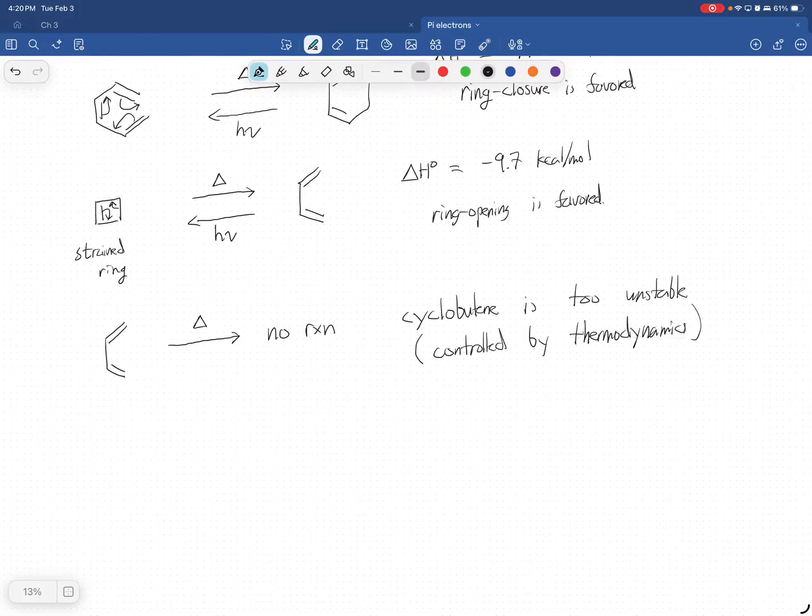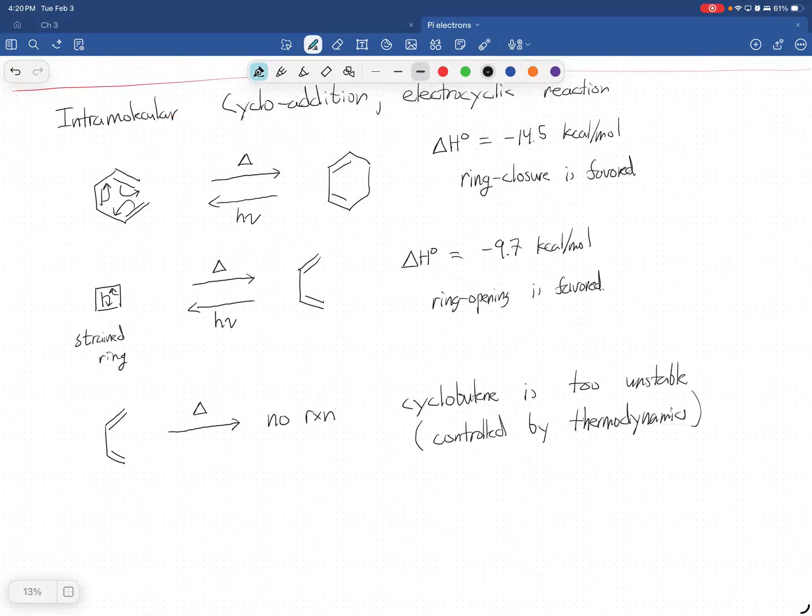So that's why this reaction is not favored to go. However, you see what I wrote in this arrow? This reaction could go backwards as long as I use what? No, not heat. This one is for heat. Sorry, that was not clear. So this one's going to this product with heat, but what about if I go in reverse? I'm using a light source.